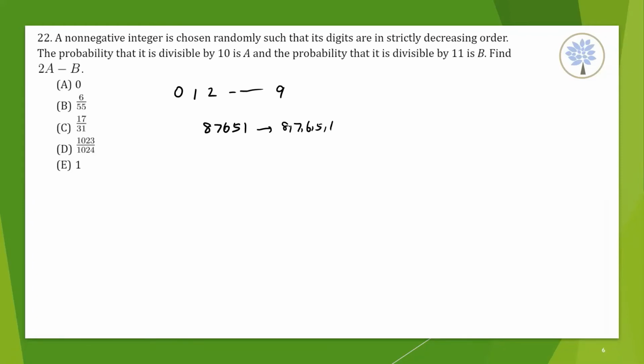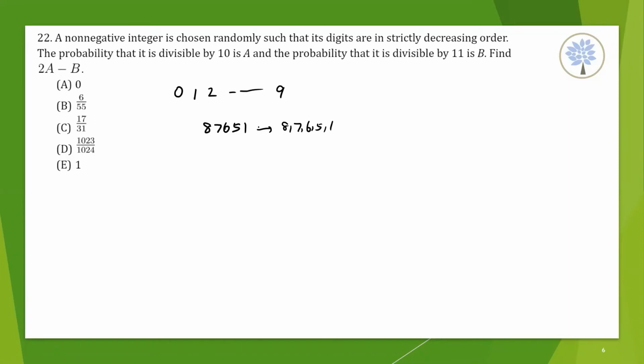For these digits, is there any other way we can arrange them so that they are in strictly decreasing order? Well, the answer is no, since the only way to arrange these digits in strictly decreasing order is the way shown above: 8, 7, 6, 5, 1.